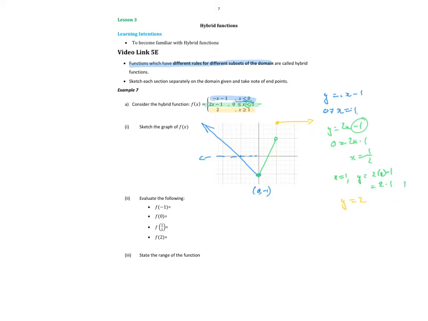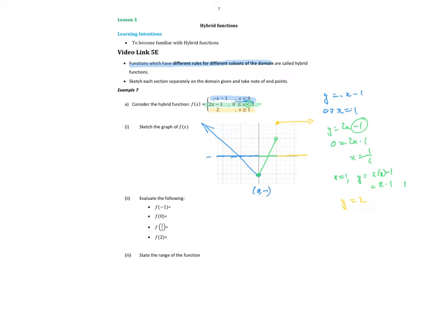So there's my yellow domain, my green domain, my blue domain. I won't put an arrow on that, just so we know that those x values correspond to those y values.